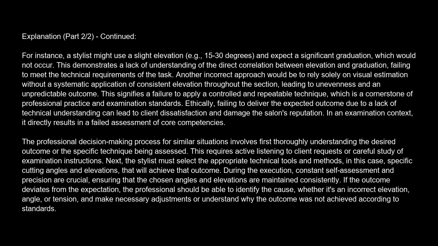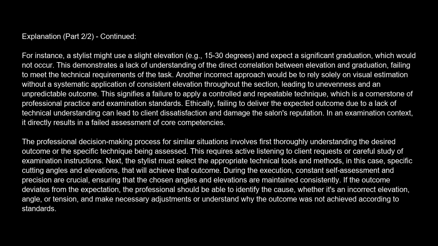The professional decision-making process for similar situations involves first thoroughly understanding the desired outcome or the specific technique being assessed. This requires active listening to client requests or careful study of examination instructions. Next, the stylist must select the appropriate technical tools and methods, in this case, specific cutting angles and elevations, that will achieve that outcome.